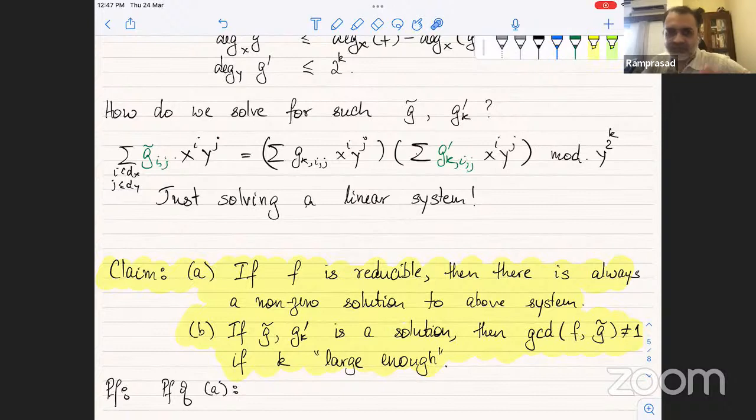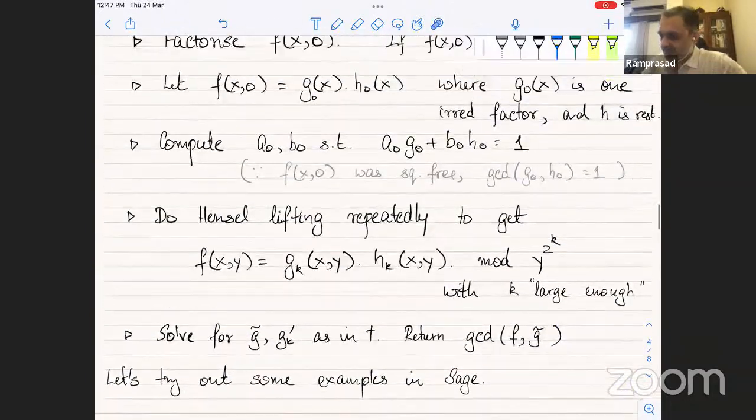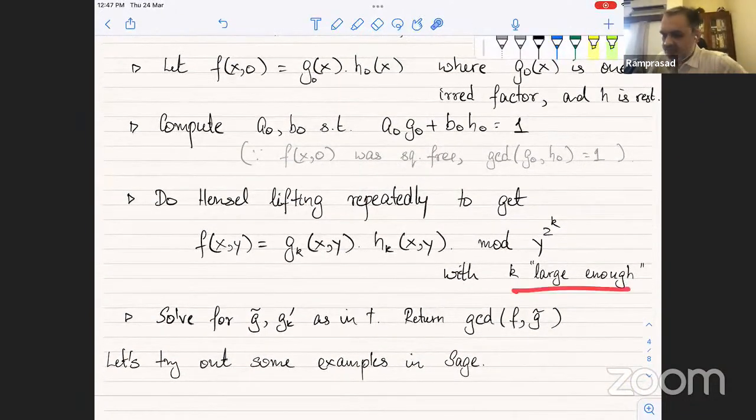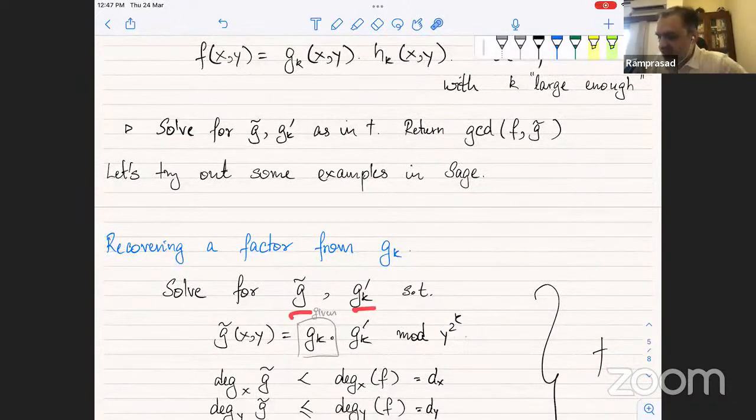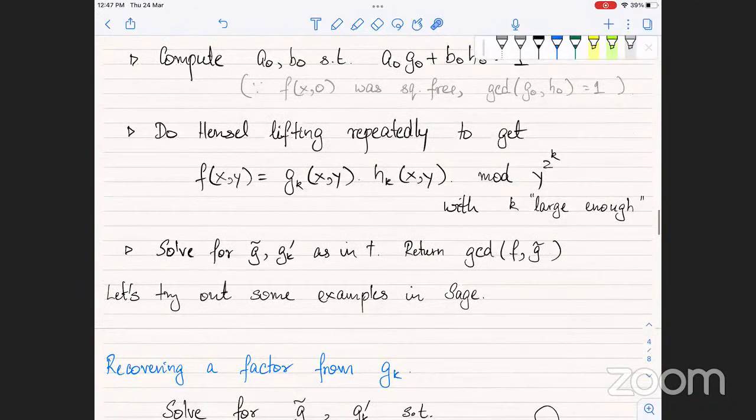Yeah. Okay, so once we prove this claim, it's clear that the algorithm should work. Because we have lifted to a large enough k, and we will try to solve for a non-trivial g tilde and gk prime, that is, something that is non-zero. Obviously 0, 0 satisfies this equation, but that's not what we want. If there is no solution, you return irreducible.